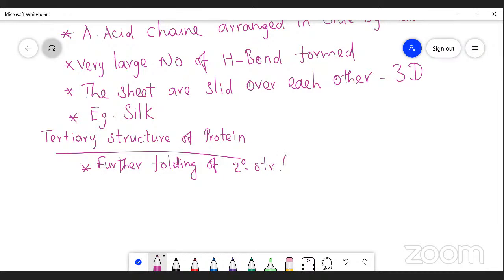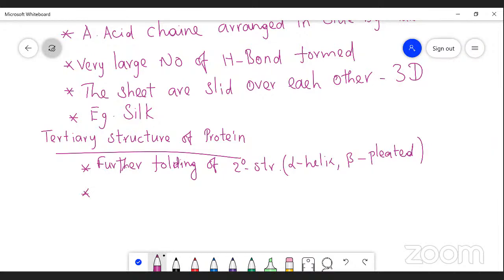The secondary structure consists of alpha helix and beta pleated. The beta pleated and alpha helix structures are taken as secondary structure, and they are further folded to make a tertiary structure.